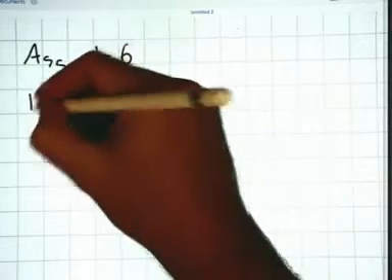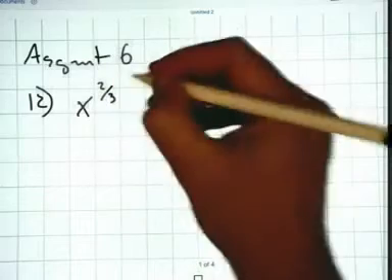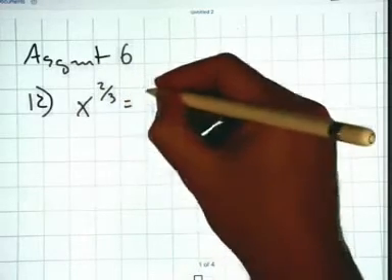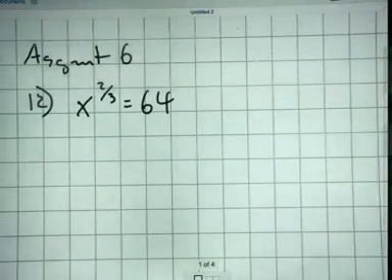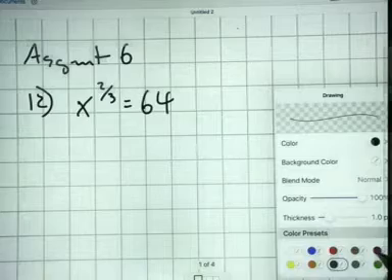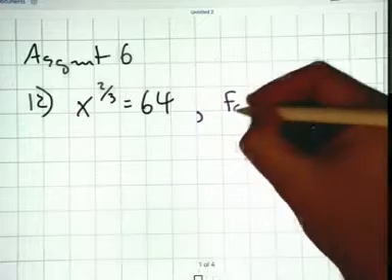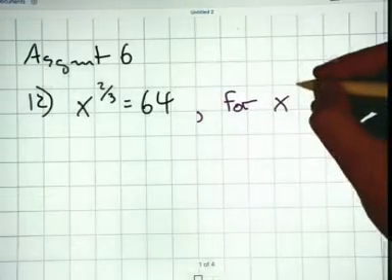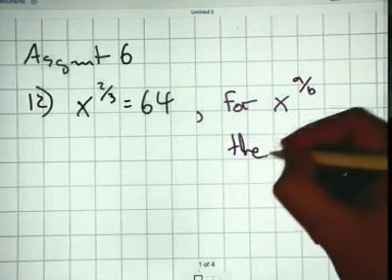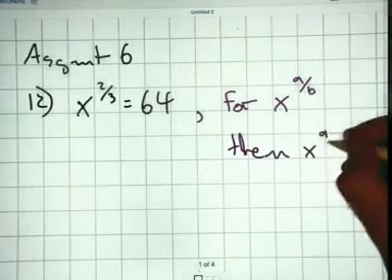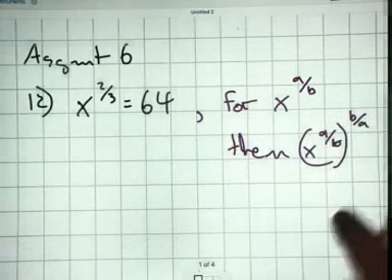Assignment 6, problem number 12, we have x to the 2/3 is equal to 64. So, the idea that we're going to employ here is, for x to the a over b, then x to the a over b raised to the b over a.